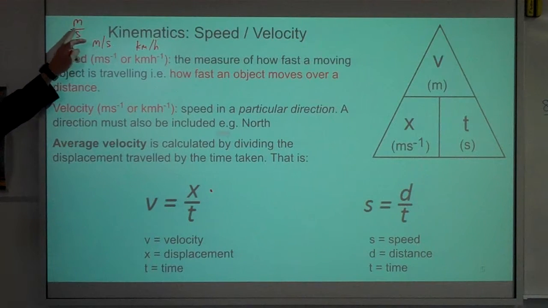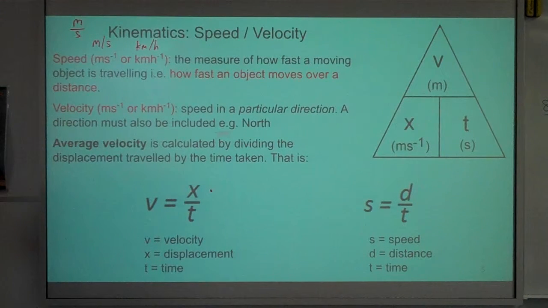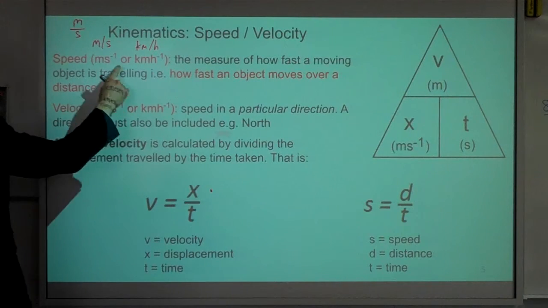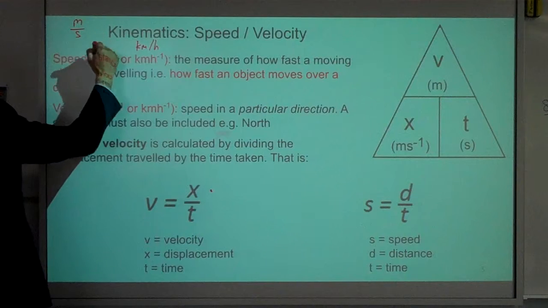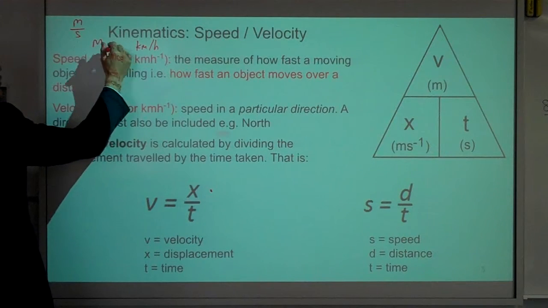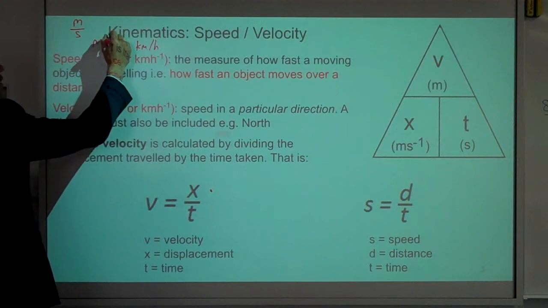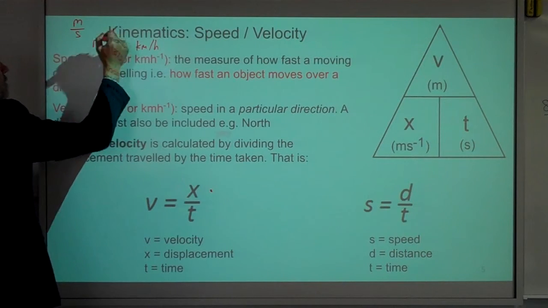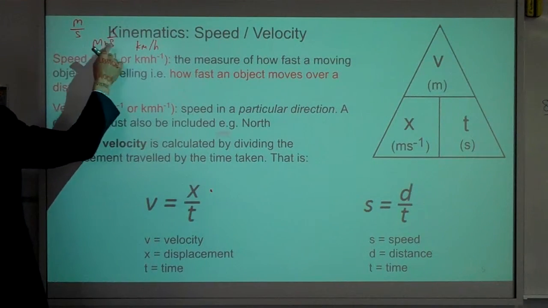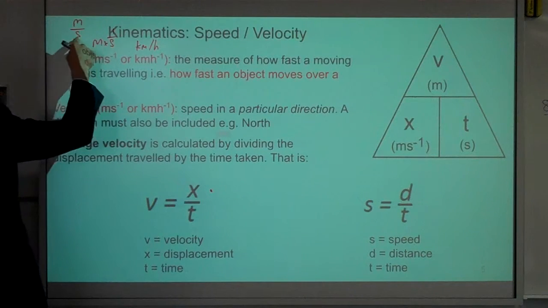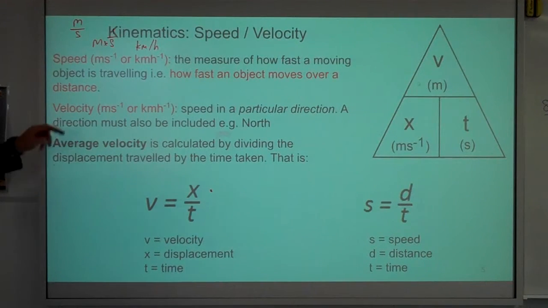That backslash means metres divided by seconds. And this actually also means anything to the power of a -1 is actually seconds with 1 over the top. And so it's metres times 1 divided by seconds, which is the same as this. So we use this configuration, metres per second and kilometres per hour.